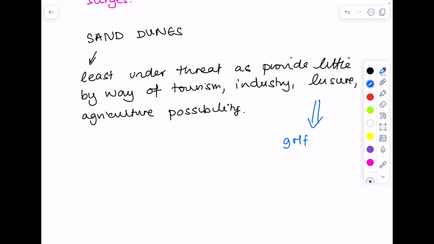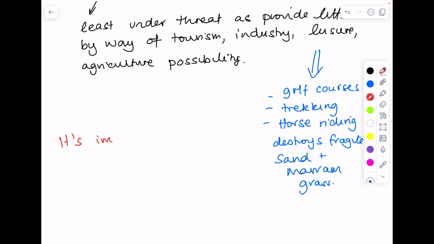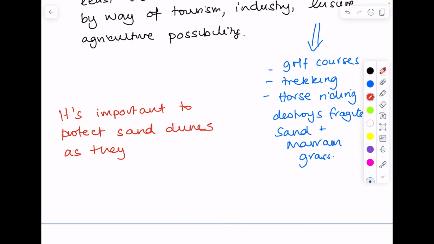People like to build golf courses and they like to go trekking and horse riding because they are very pretty, and obviously that can destroy that fragile sand and marram grass. And we do really want to protect our sand dunes because, again, they provide protection for low-lying land against storm surges.